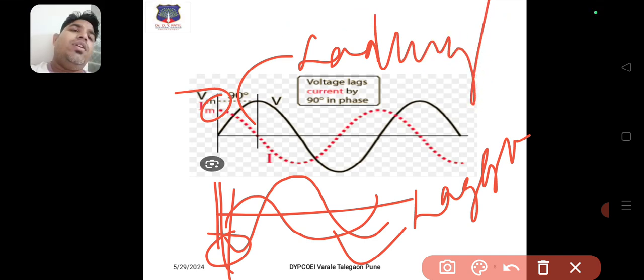What is the definition then? Leading means the difference between the two alternating quantities is positive.